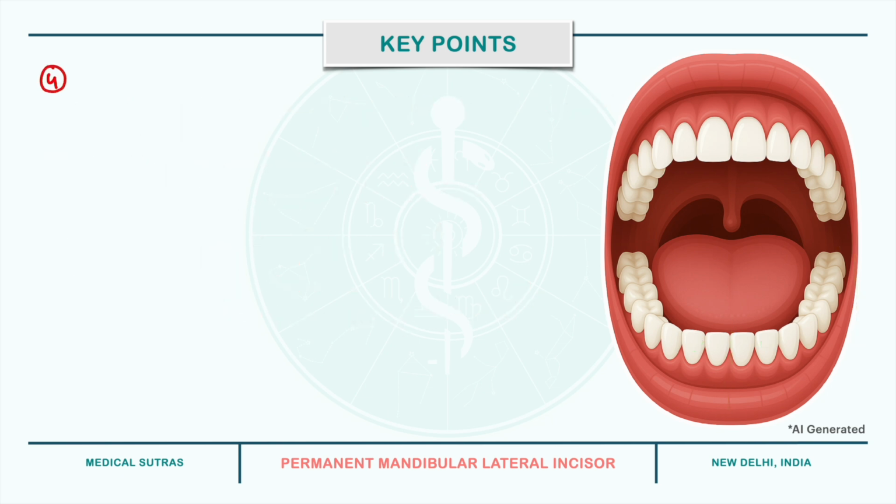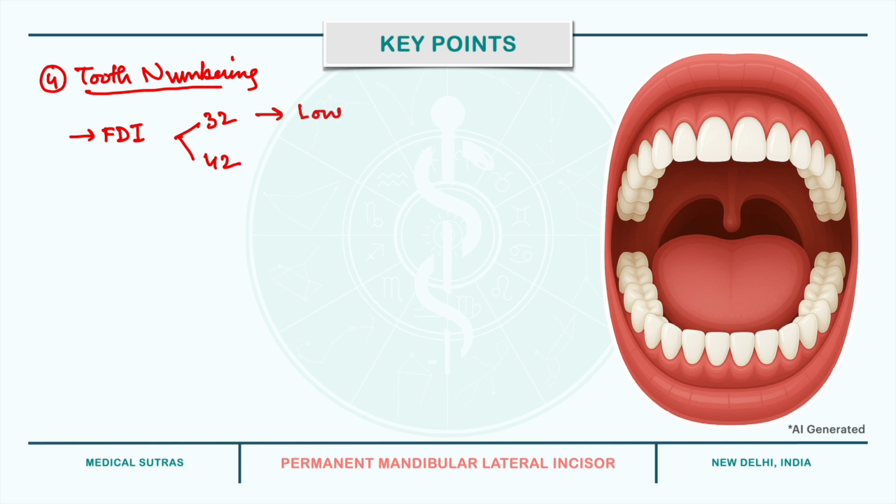Next we will talk about tooth numbering. As per the FDI system of notation, they are denoted using the digits 3-2 and 4-2, where 3-2 represents the lower left lateral incisor and 4-2 represents the lower right lateral incisor.